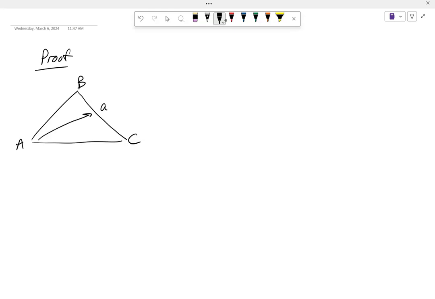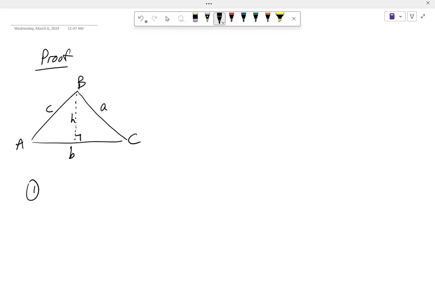See how that's opposite angle A. Then opposite B, side length B, and opposite C, side length C. Now I'm going to draw my altitude straight down, H, the height of that triangle, from angle B down to the opposite side.